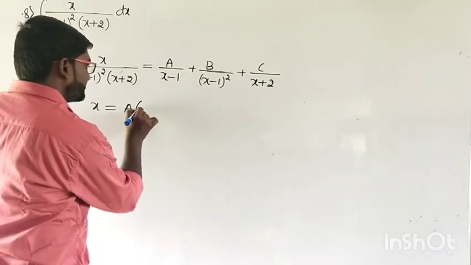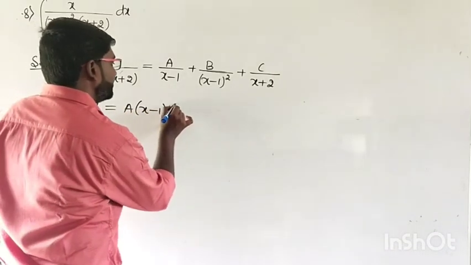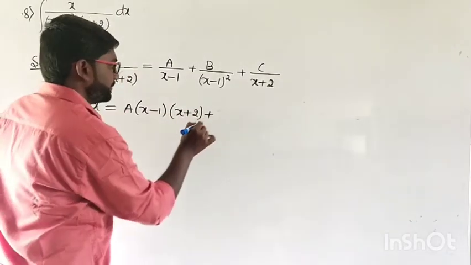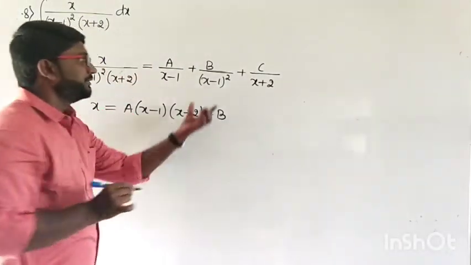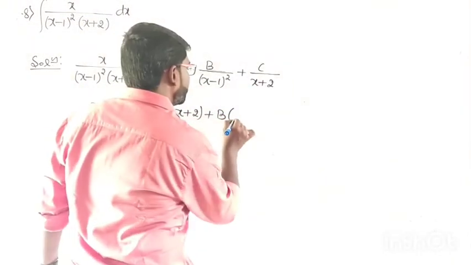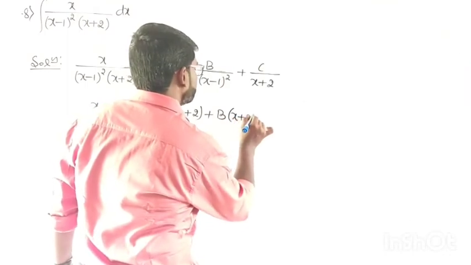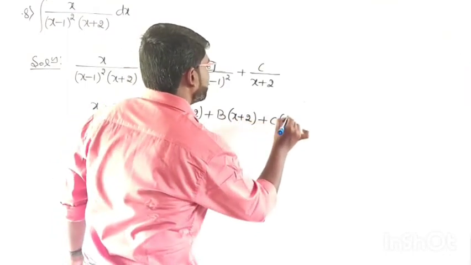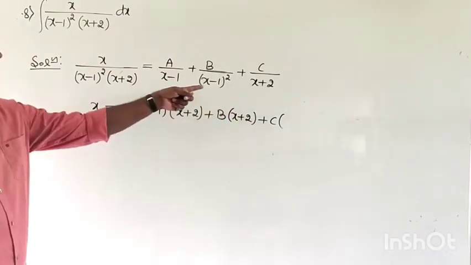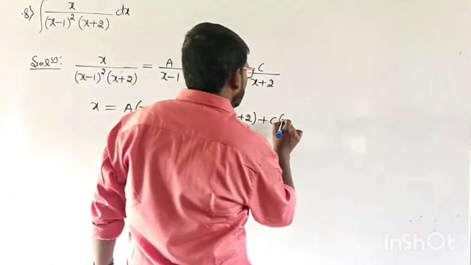So that is (x minus 1) into (x plus 2), plus b into, if you leave this, we are left with only this term, that is x plus 2, plus c into the bracket, leave this x plus 2. If you leave x plus 2, we have only (x minus 1) the whole square.